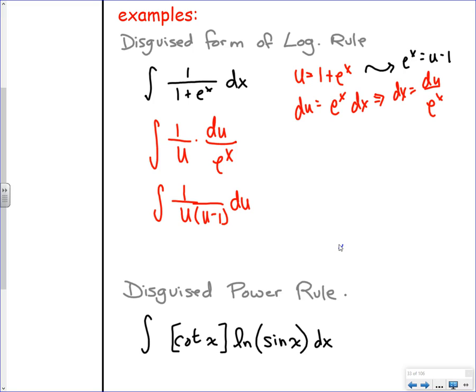Oh, Ellen. Something called partial fraction decomposition. Partial fraction decomposition, off to the side. This could have been a common denominator from something.